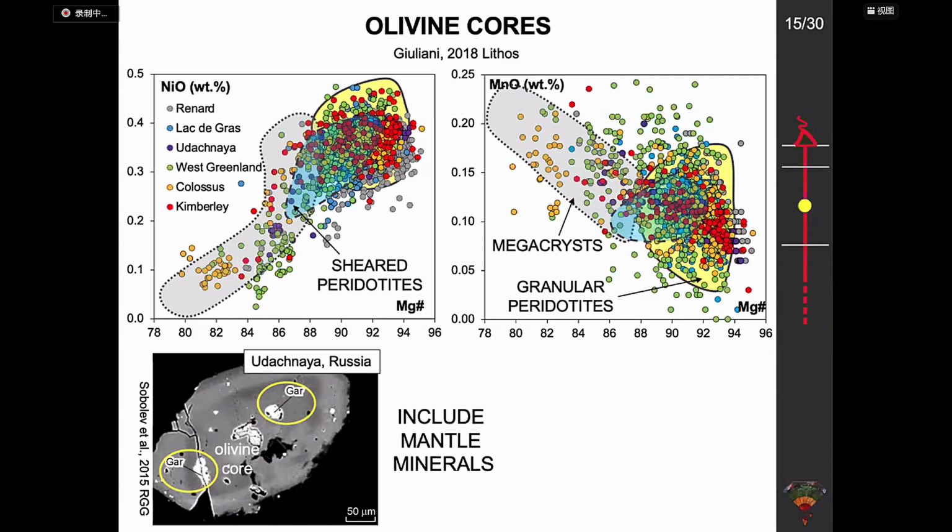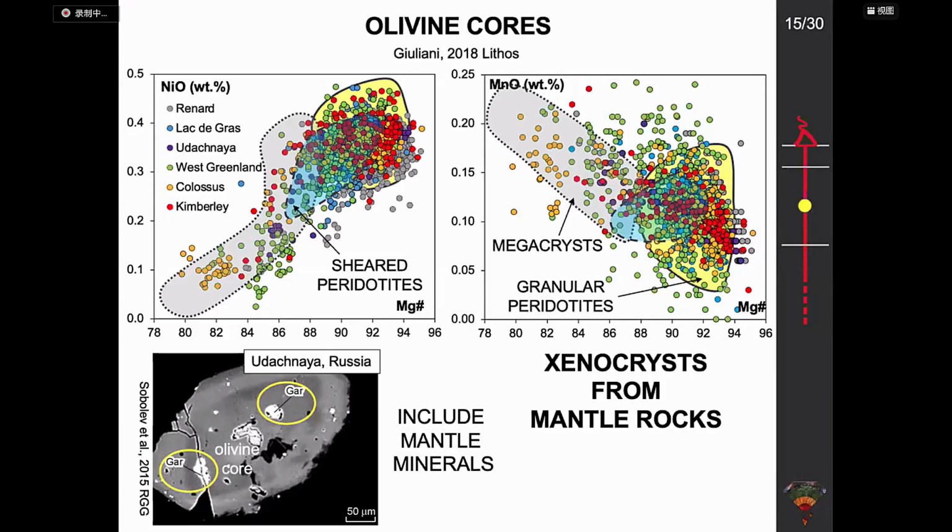So if we sum these two pieces of information together, then I think we can safely conclude that olivine cores in kimberlites represent xenocrysts derived from disaggregation of mantle rocks. And I'm not the only one to make this conclusion. This is quite well accepted in the kimberlite community now.